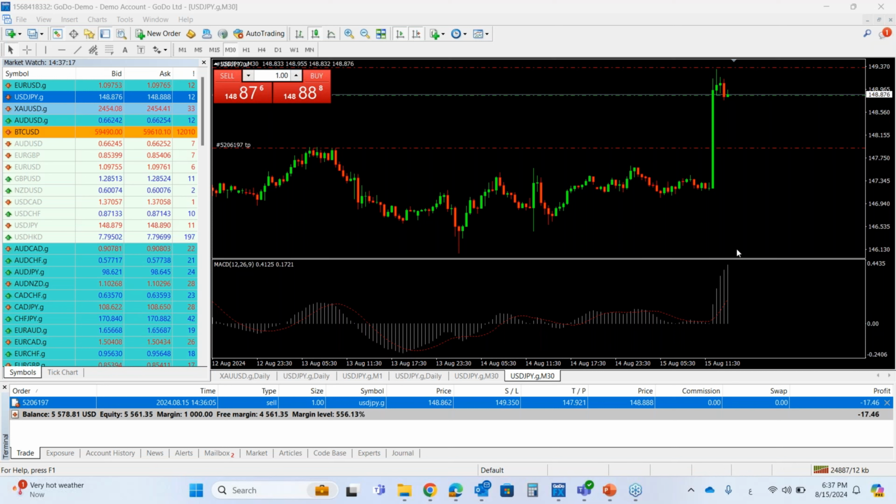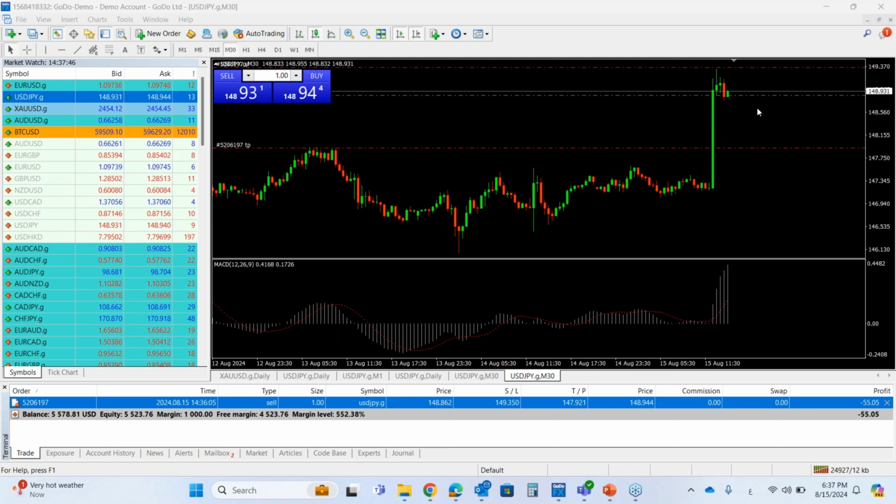So for a question about dollar yen, this is the trade I would go in. Okay, I repeat, this is not a recommendation, I don't recommend you do this. But if you ask me what I should do if I were in your place, I would do this. I would have this stop loss and take profit. I would have my risk management. I don't recommend risking more than 2% on this trade or any trade.